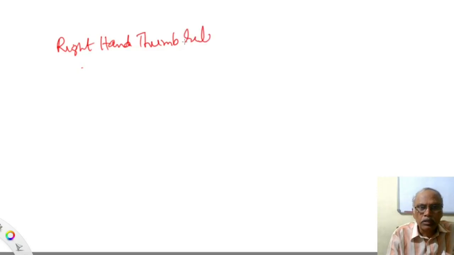The right hand thumb rule is used to find what?